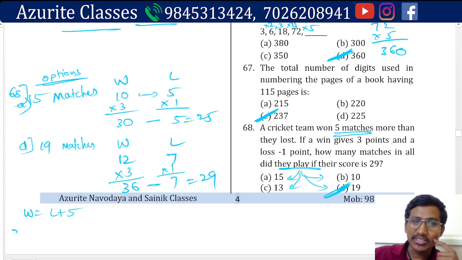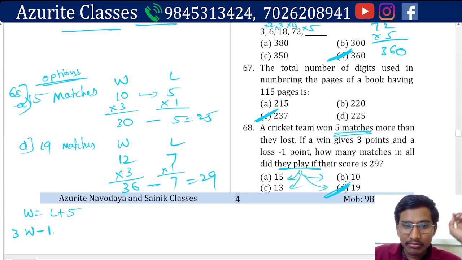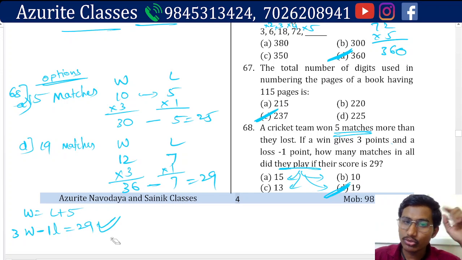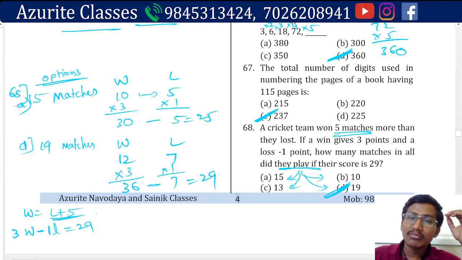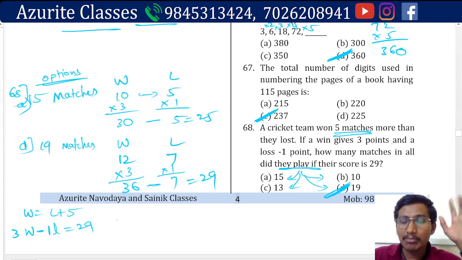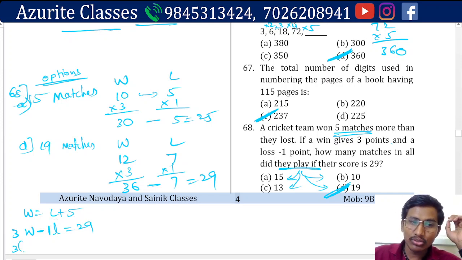Winning gets 3 points, minus losing, 1 point for each loss, so the total should be 29. So here 3 into W, which is L plus 5, minus 1 L, that means L only, equals 29.